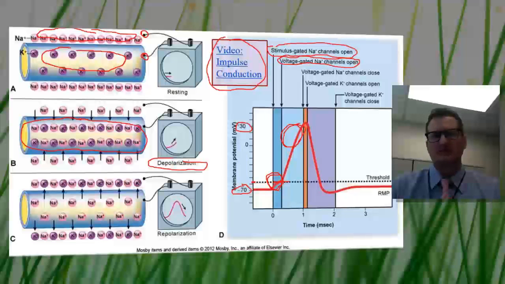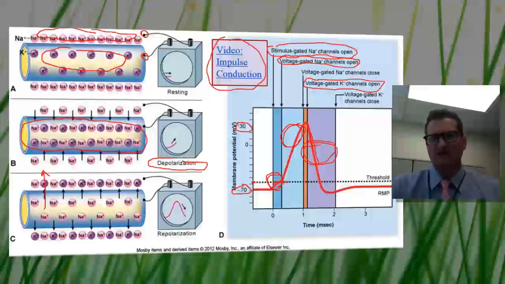Once it reaches 30 millivolts, the voltage-gated sodium channels close and the potassium voltage-gated channels open here. The potassium then rushes out of the cell down its concentration gradient, and this is the phase called repolarization here.